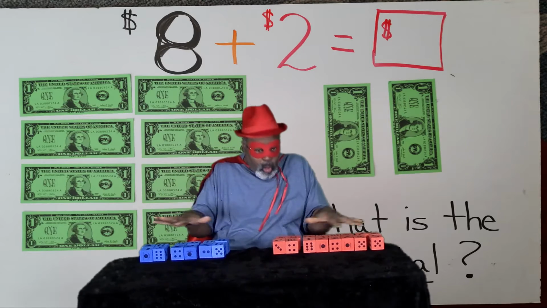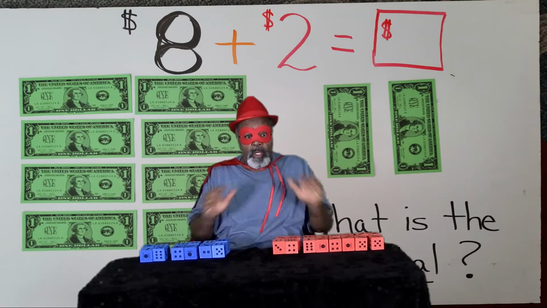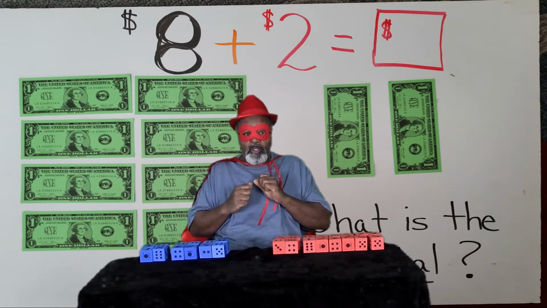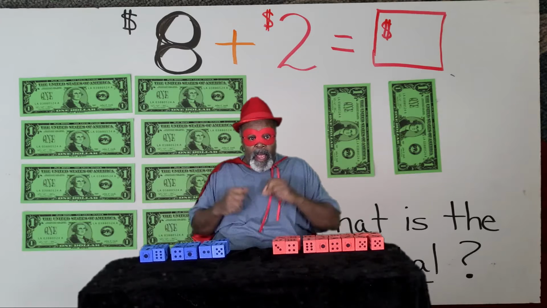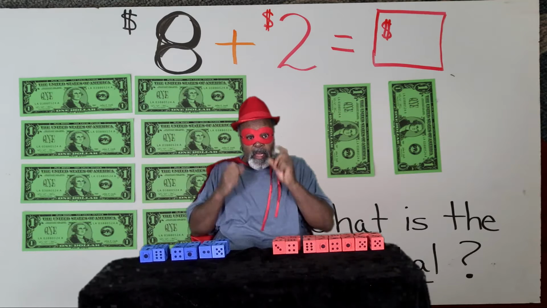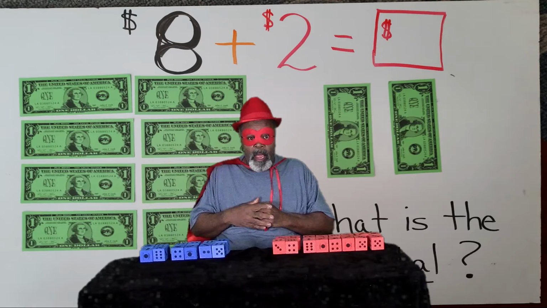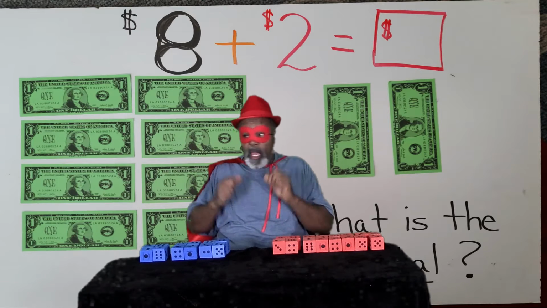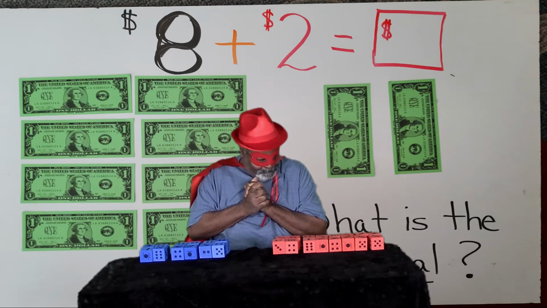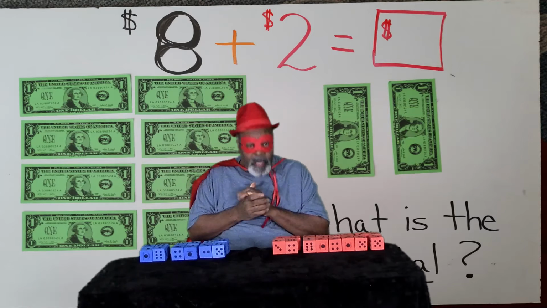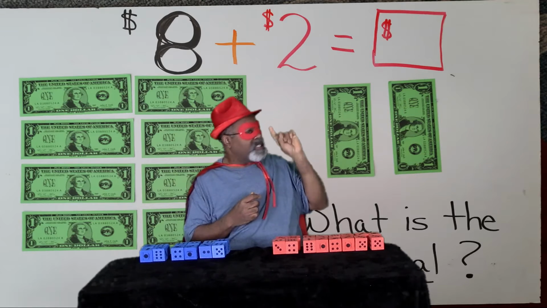And we're going to use our manipulatives to understand how to add, subtract, multiply, and divide. And the two numbers we're going to use today are 8 and 2. So let's look at our first one. All right, 8 plus 2.